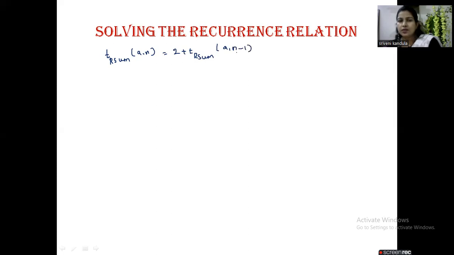So now I don't know the value of this T_rsum(a, n minus 1). Let me call this as 1. Okay. So now let me solve for this T_rsum(a, n minus 1). One moment, I'll change my color.